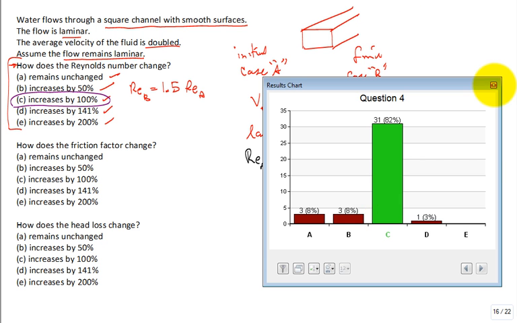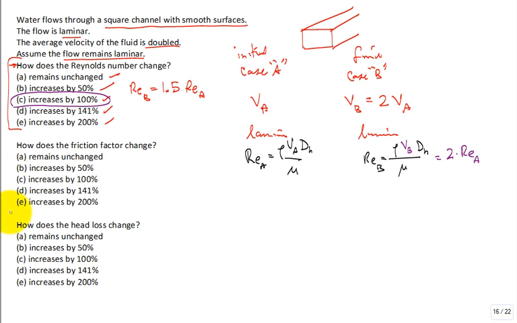Very good. Let's now attack this next part. How does the friction factor change? How does the friction factor for case A compare to the friction factor for case B? I'll go ahead and start it. Minute 45 for the friction factor. How does the friction factor change?